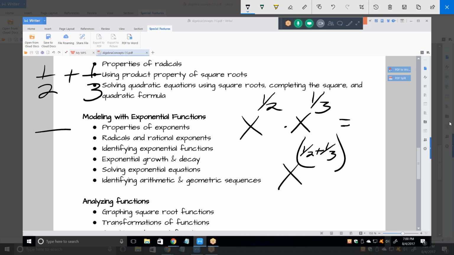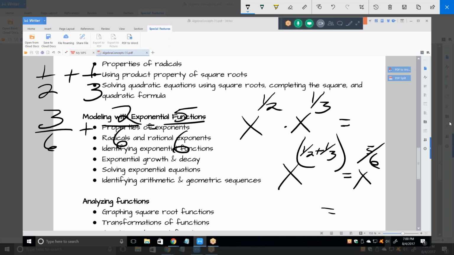6. Okay. How many sixths is 1/2 equal to? 3. How many sixths is 1/3 equal to? 2. So when I add 3/6 plus 2/6, how many sixths do I have? 5/6. That's the answer. X to the 5/6. And I could write that this way, the 6th root of x to the 5th.